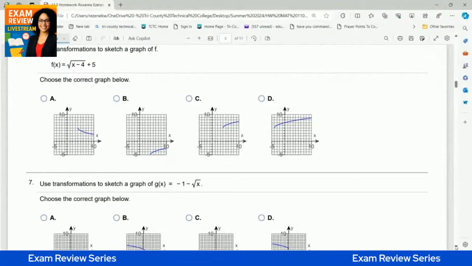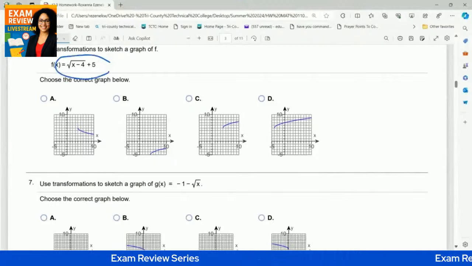Okay, let's look at this radical function again. There are a lot of things going on here. There is a horizontal translation. There is also a vertical translation. You don't really have to use your calculator all the time. You can actually figure it out by eyeballing the function. So look at the radicand.